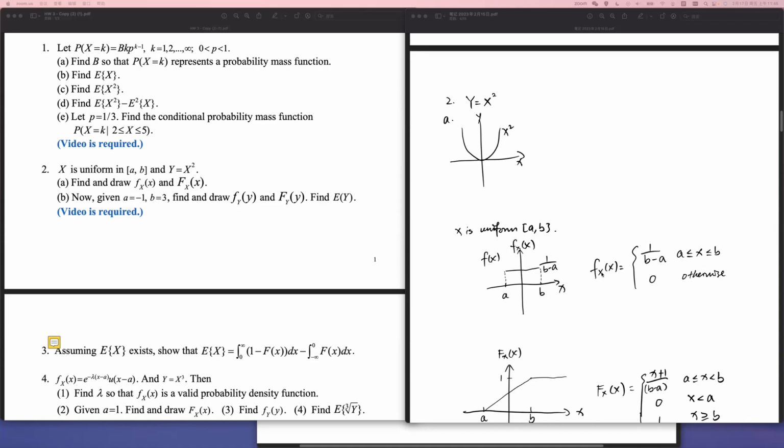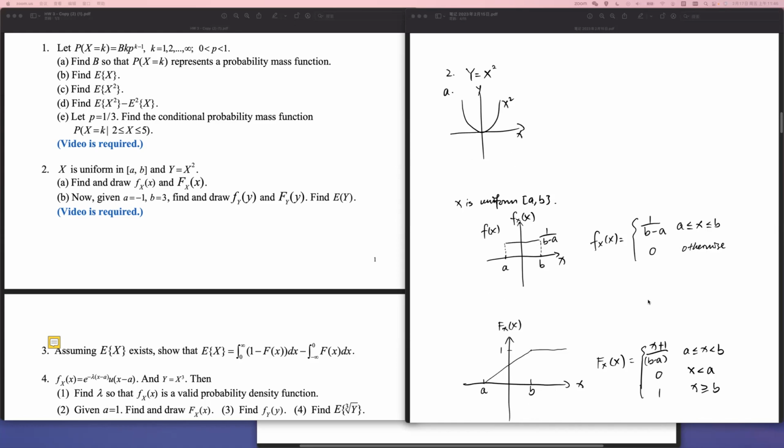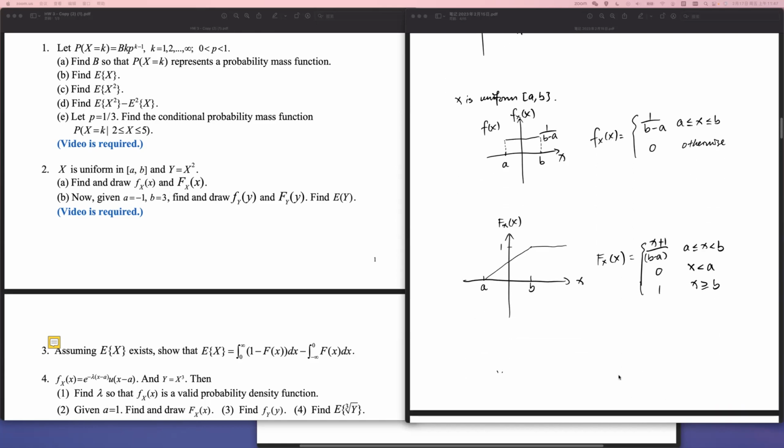So from a to b, the probability is 1 over b minus a, and for x smaller than a and x greater than b, it should be 0. Then we need to find big F_X, and it is easy to think of it as the integral of small f_X.